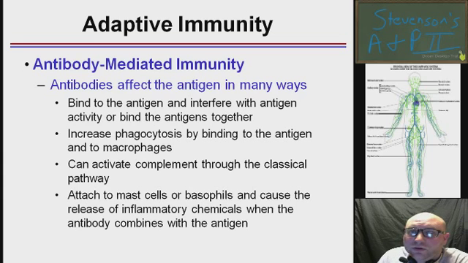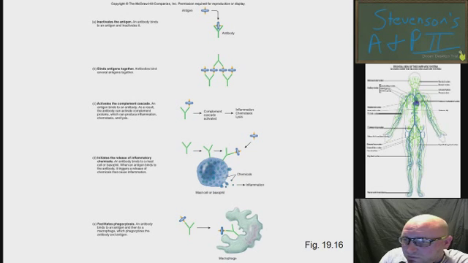It increases phagocytosis by binding to antigens and macrophages. It can activate the complement system through the classical pathway, not the alternative pathway. And it attaches to mast cells and basophils and causes the release of inflammatory chemicals when the antibody combines with the antigen.